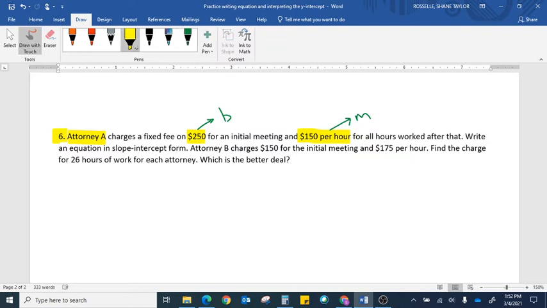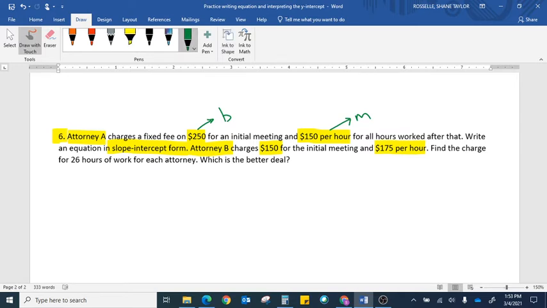So then I read on, and it says for all hours worked after that. So it says write an equation in slope-intercept form. So now they're telling us specifically we have to write it in slope-intercept form. And then we have attorney B charges $150 for the initial meeting and $175 per hour.